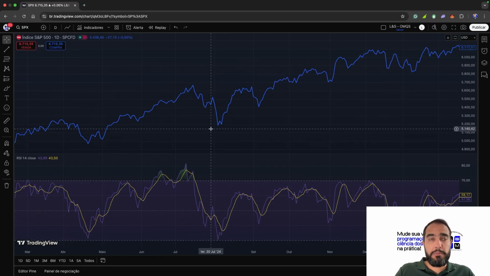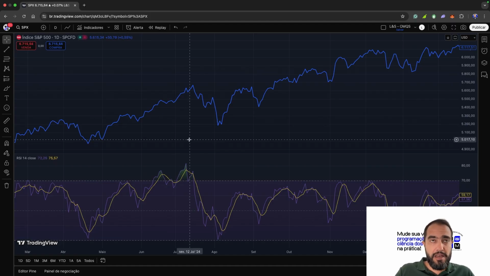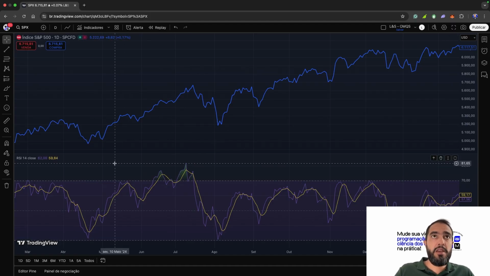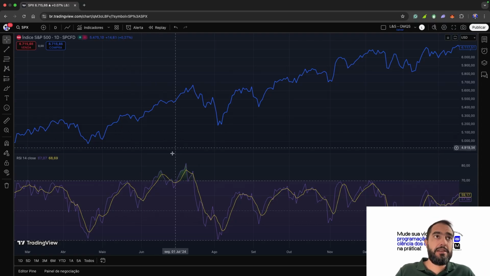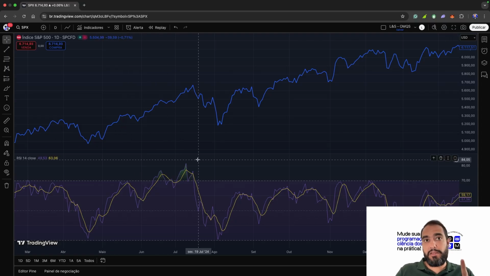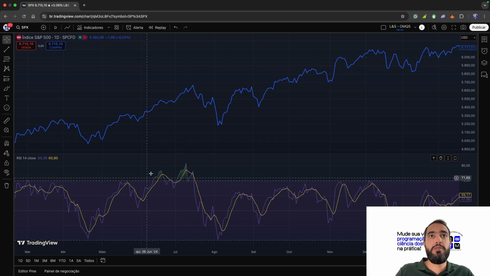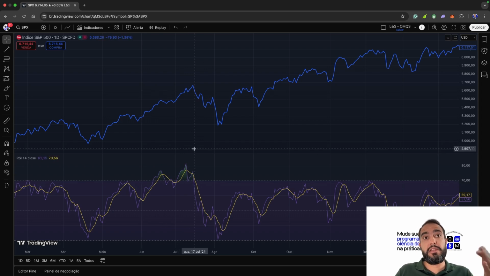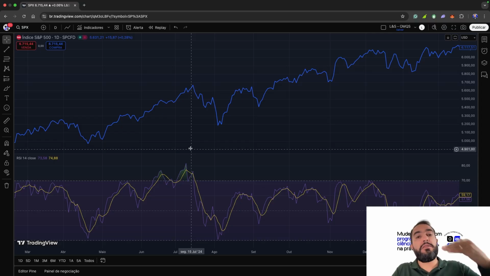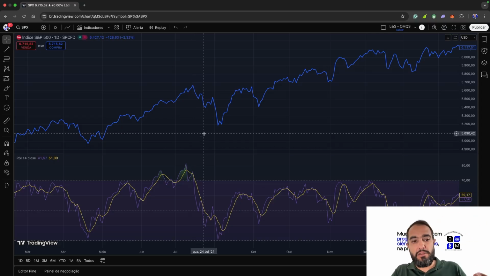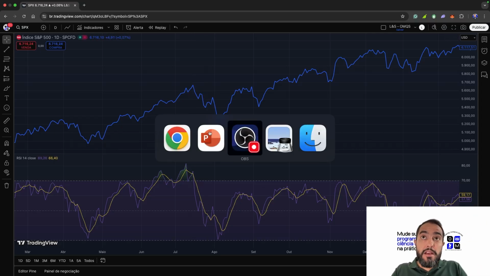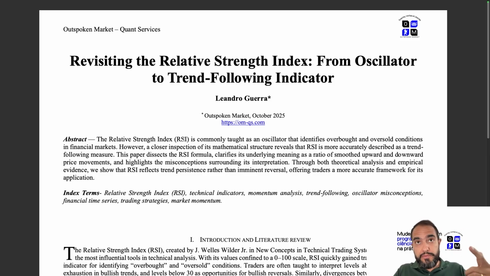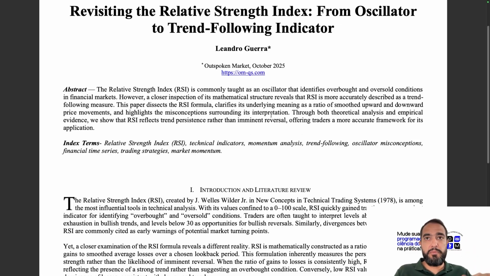But if you pick up any time frame at any stock or security, you are going to see that trading the RSI as a trend follower indicator is actually the right way. And of course, because it is the right way, it's way better than the other approach. And this is what I prove in my research paper.